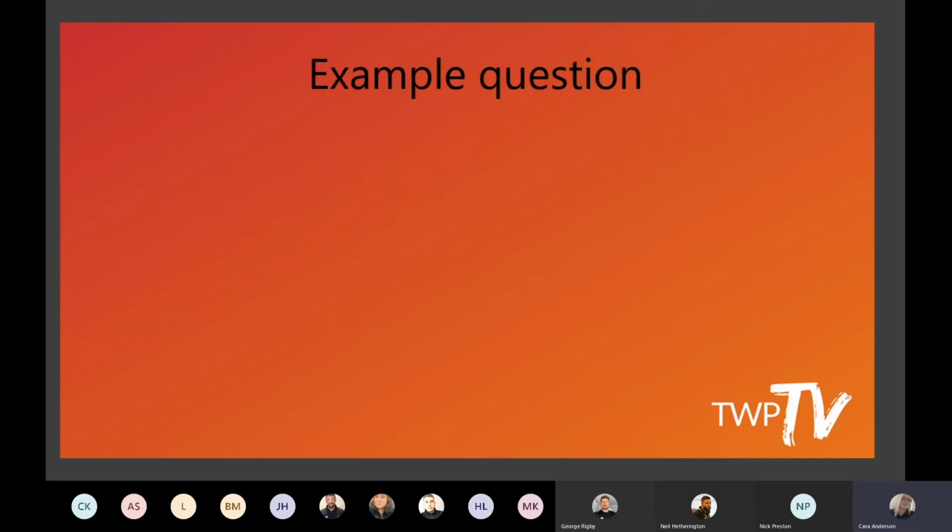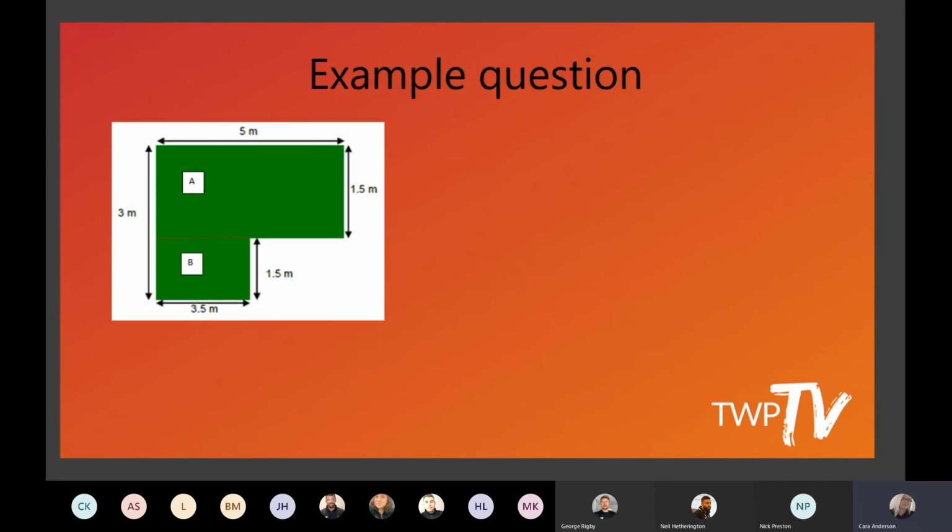So here is an example question for working out that area. You'll be able to see on the diagram that I've chosen to split across the bottom. That gives me one large rectangle at the top, and almost a square, but more of a rectangle, at the bottom. I chose to go that way because it gives me less working out, as I automatically know the measurements for my length and my width.